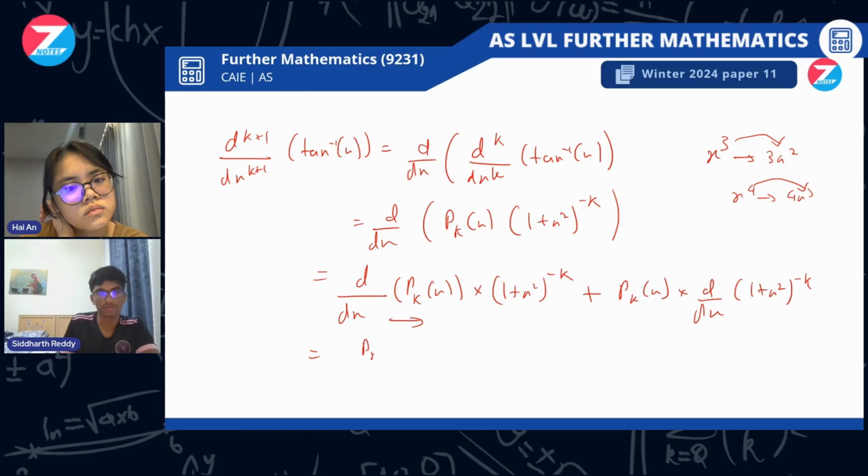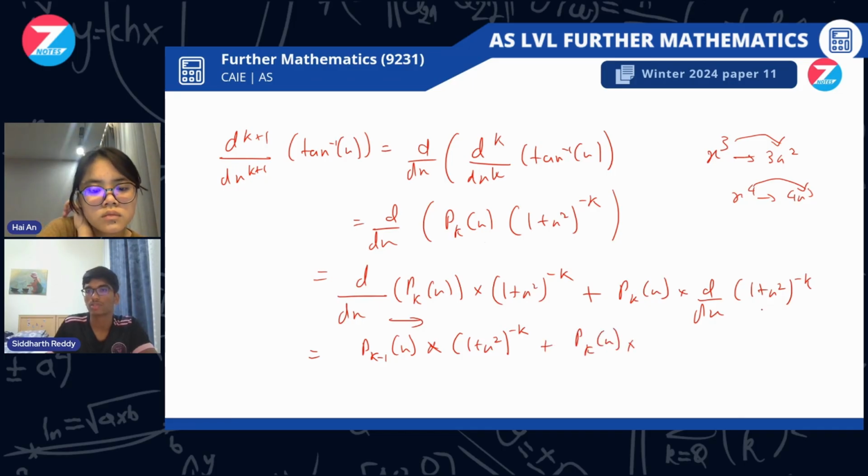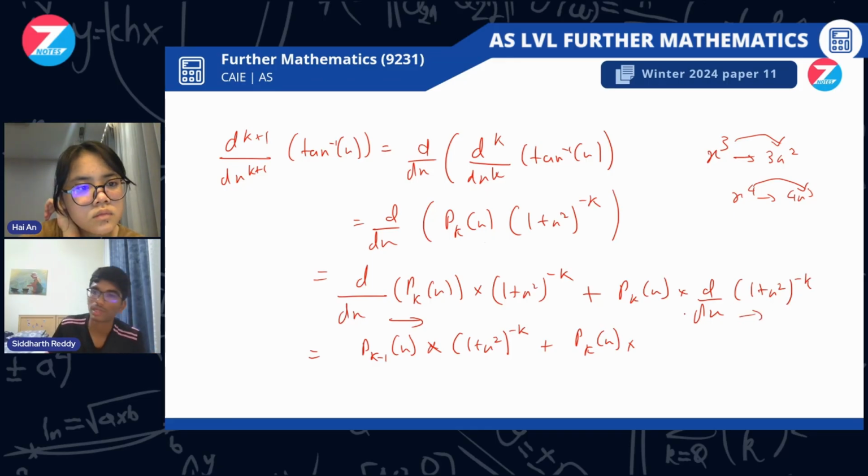So it becomes p of k minus 1 of x times 1 plus x squared to the power minus k, plus pk of x times. So let's derive this. You can derive it using the chain rule. This becomes minus k times 1 plus x squared to the power minus k minus 1.